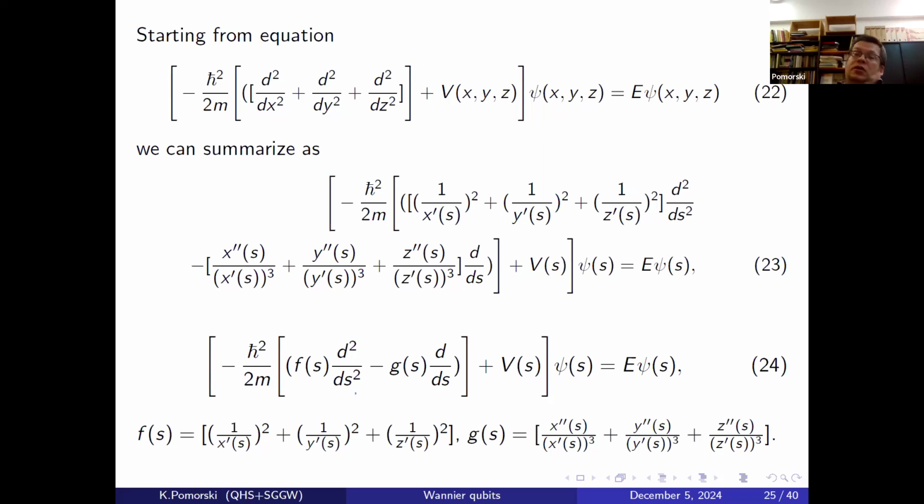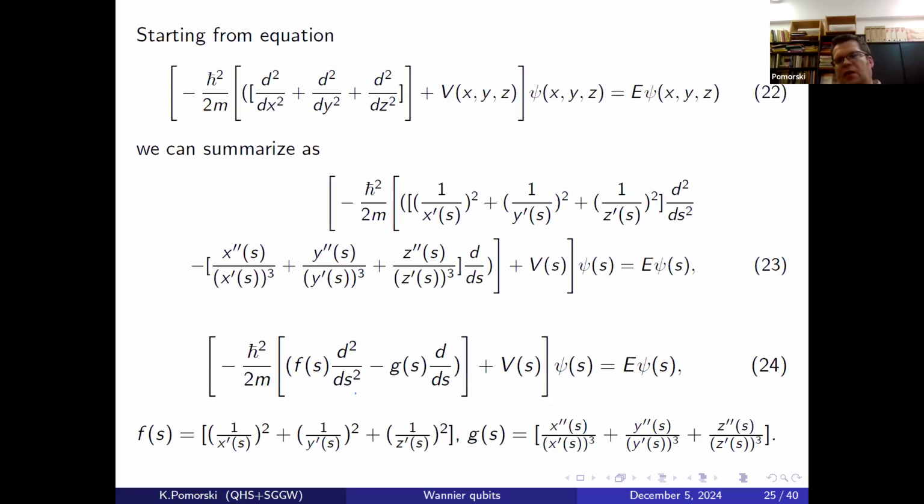So equation 22 is a linear partial differential equation, and equation number 23 is a linear ordinary differential equation. So this is much simpler to solve numerically or analytically. Analytically, it's a kind of rarity in that form, but still it's somehow doable. And then the complexity of equation 23 can be summarized by the F(s) function and G(s) function.